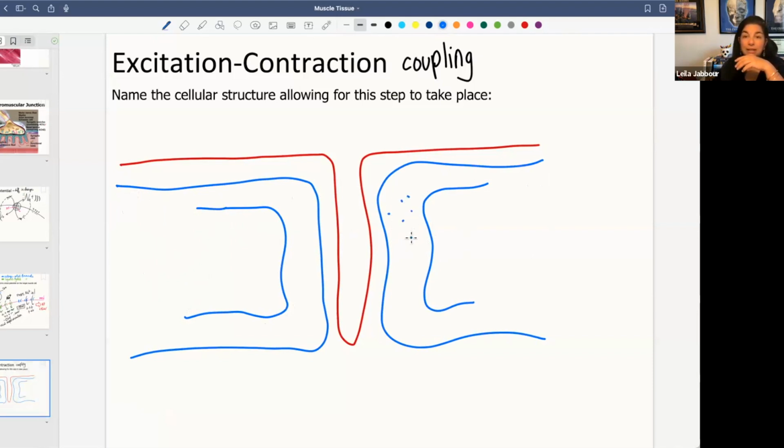But what's really important is that inside the SR, this is the SR, and this is the T-tubule. And the SR contains all of these calcium ions.